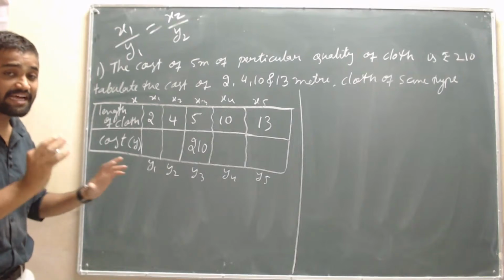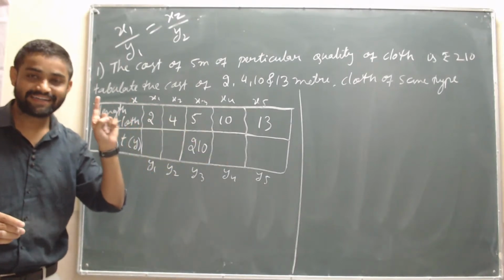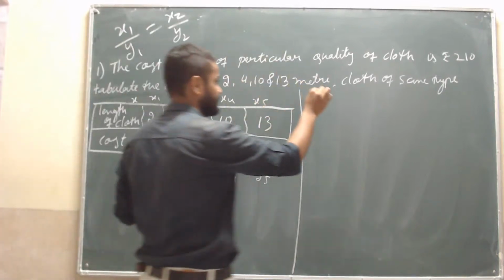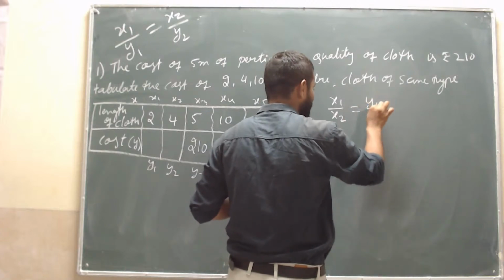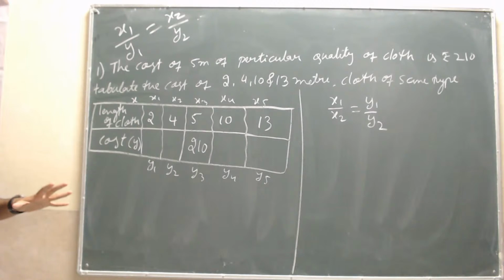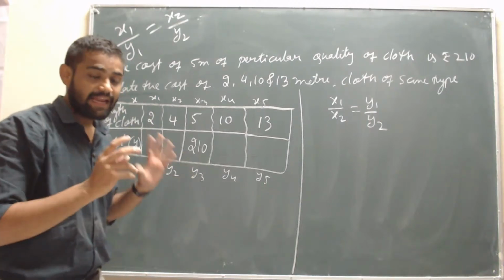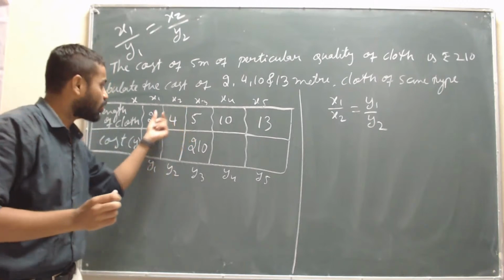We know the formula for direct proportion: x1 by x2 is equal to y1 by y2. Let us take any two columns.